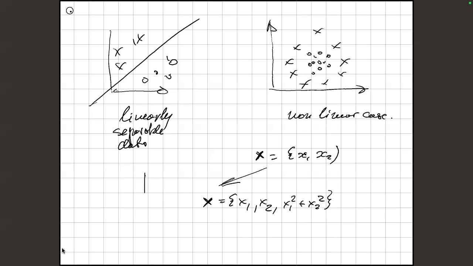This is a toy example which is normally used to demonstrate this. You have a paraboloid, where all the inner circles end up here, and the surrounding samples end up higher up.